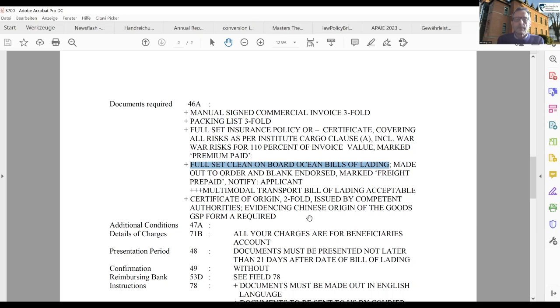The bank can't say, oh, the goods are perhaps not correct, or the importer says the goods are not correct. Even if the documents are okay, the bank has to pay.